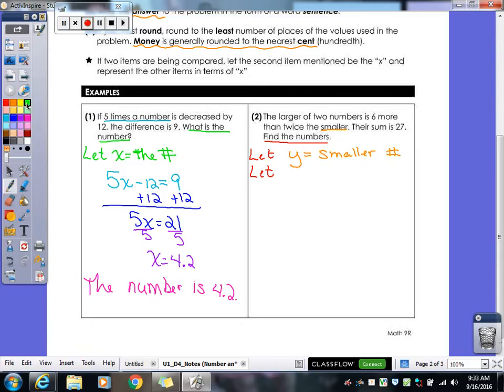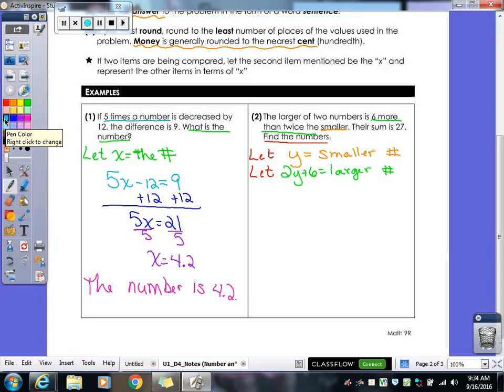They told us the larger number is 6 more than twice the smaller number. Ooh, so close. You're just missing one thing. It's twice the smaller, so it's 2y plus 6 equals the larger number.